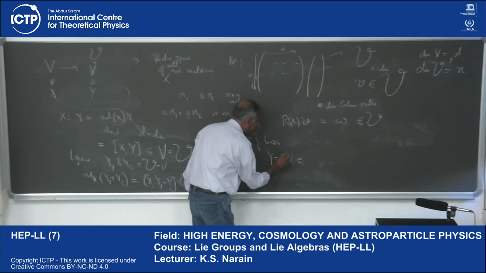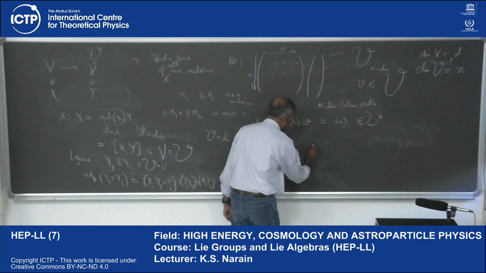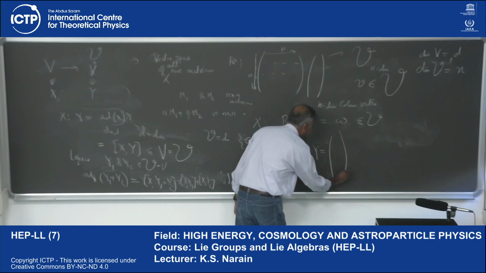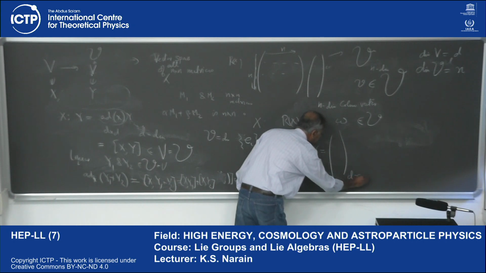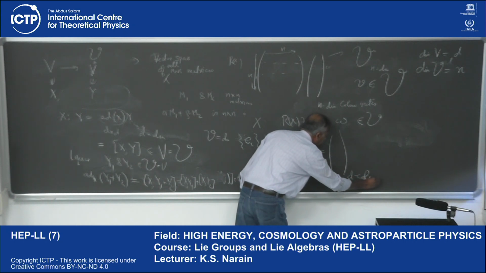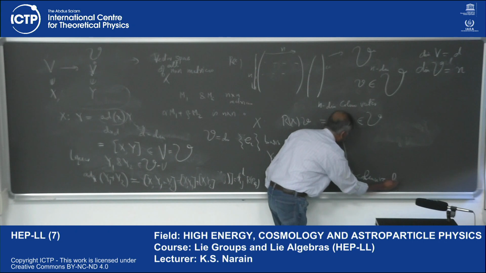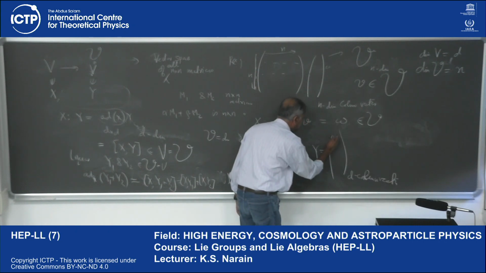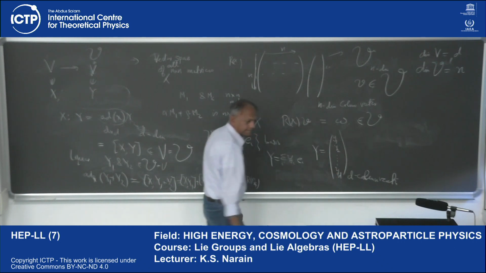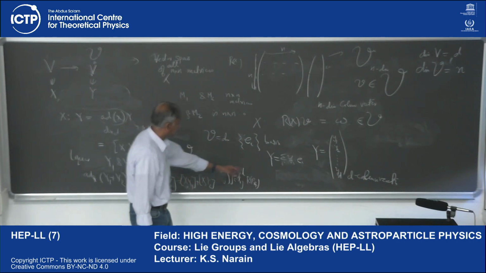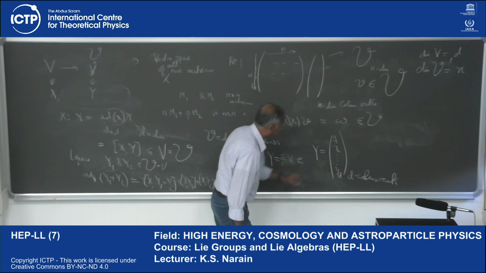Then in this basis I can describe y as a D column vector where the entries are simply y1, y2, up to yD. So once you choose a basis, you can write it as a D column vector.